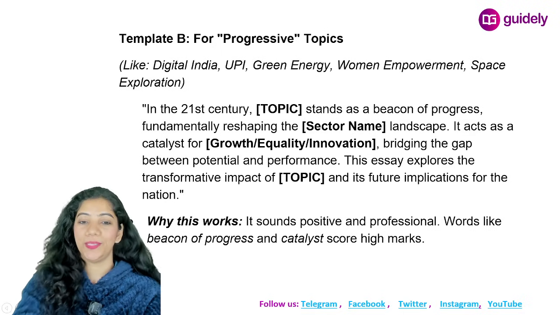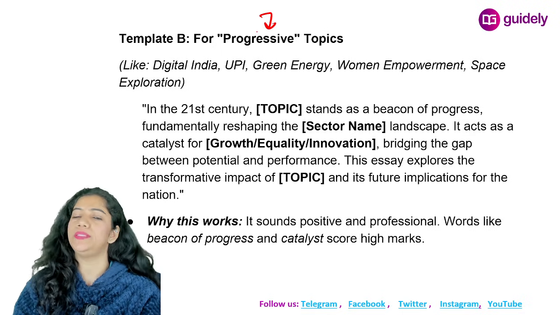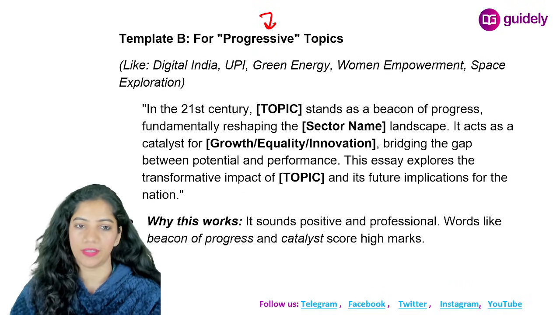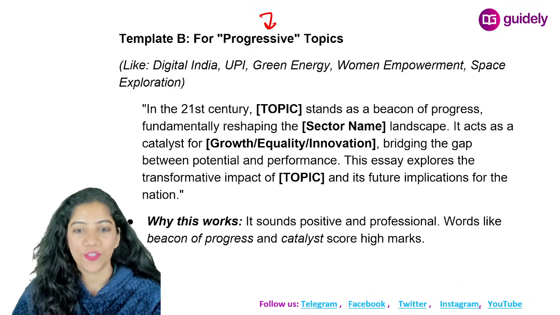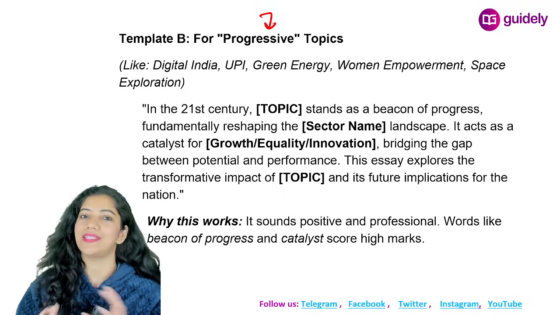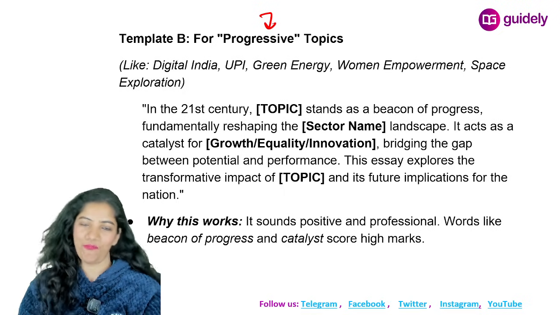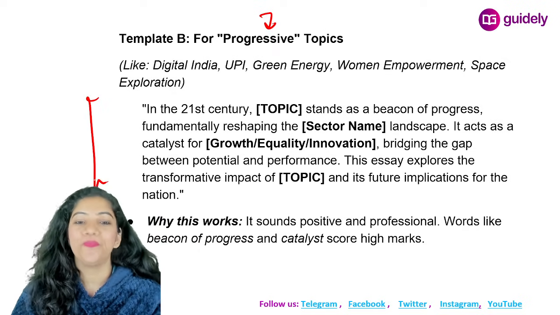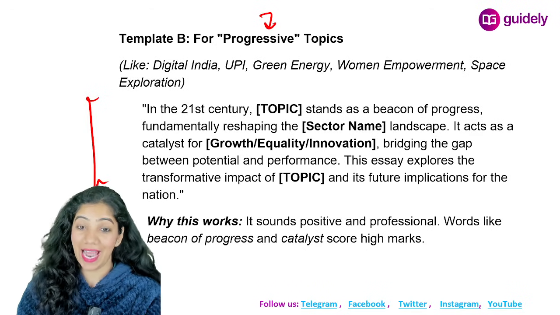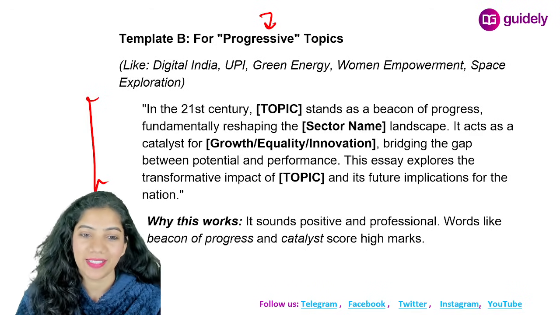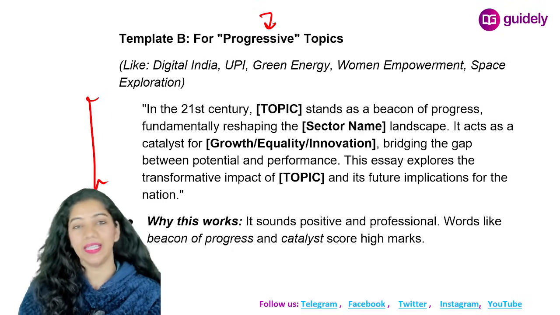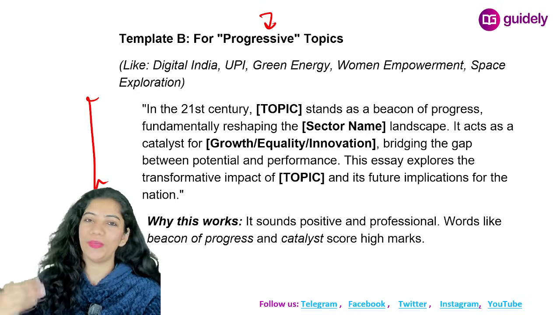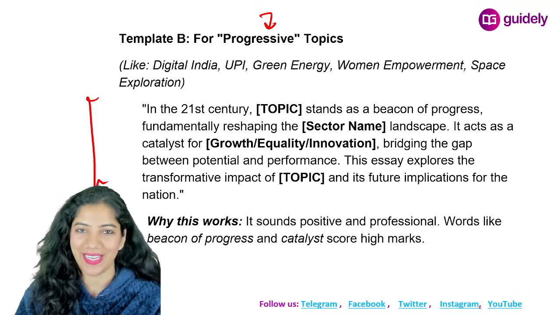Number 2, the progressive topic. For example, Digital India, very good for us. UPI, green energy, women empowerment, space exploration. Here you have my ninja technique. In the 21st century, green energy stands as a beacon of progress, fundamentally reshaping the energy landscape.